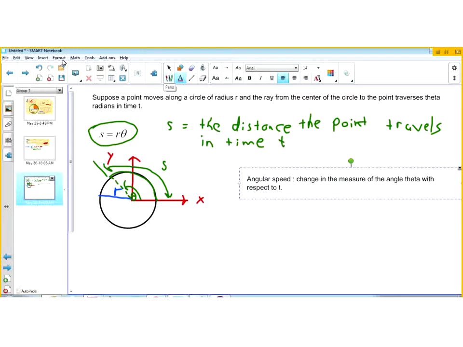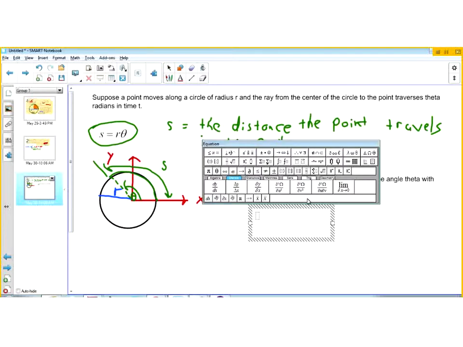There's a formula for that, and we'll write it as follows. Omega, the Greek letter omega, is the quantity that denotes angular speed, and it is equal to theta over t.